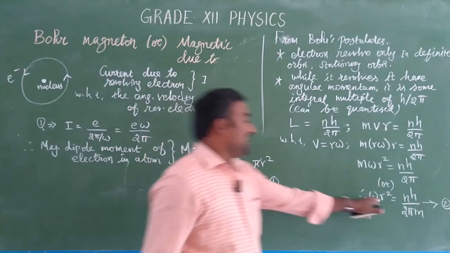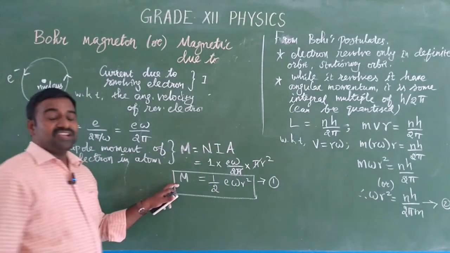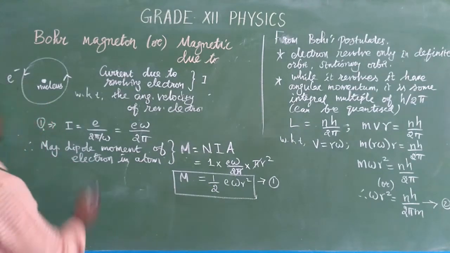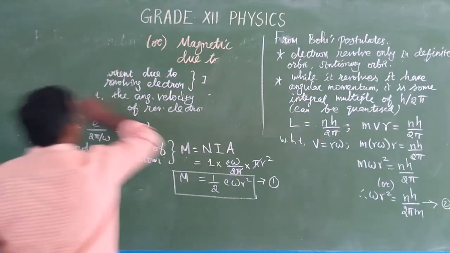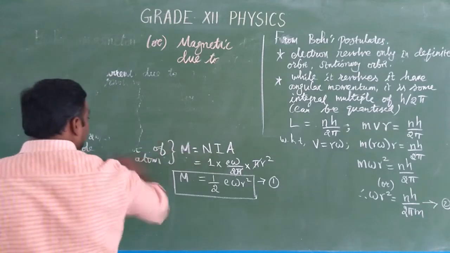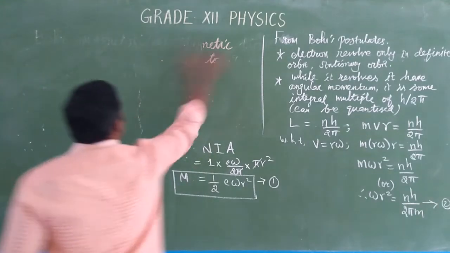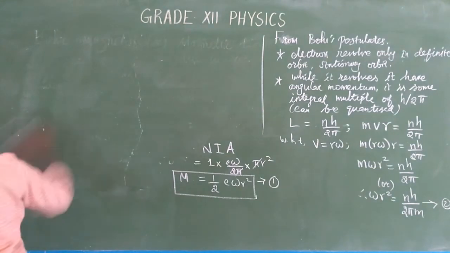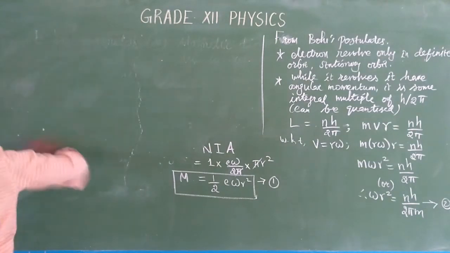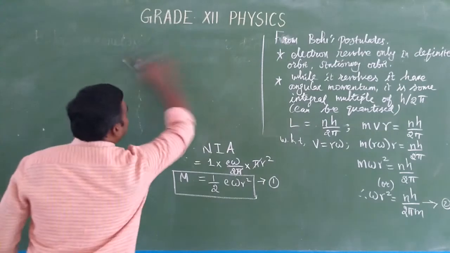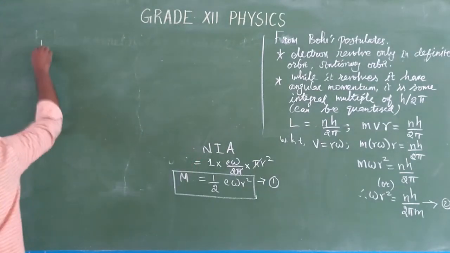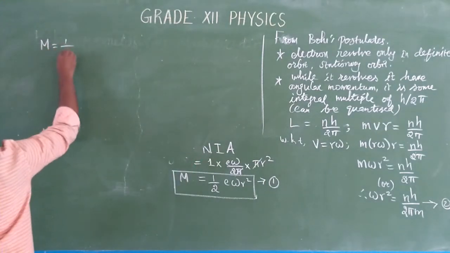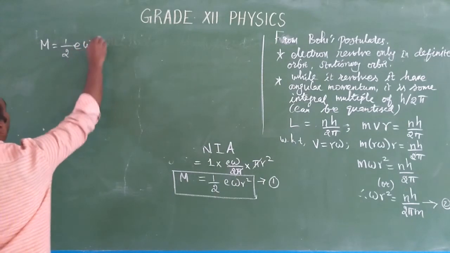So this is equation number 2 and the earlier one is equation number 1. So substitute this value in the magnetic dipole moment. So what will you get? By substituting this value in the magnetic dipole moment, M is equal to 1 by 2 into e omega r square.